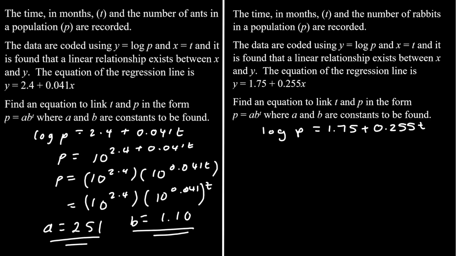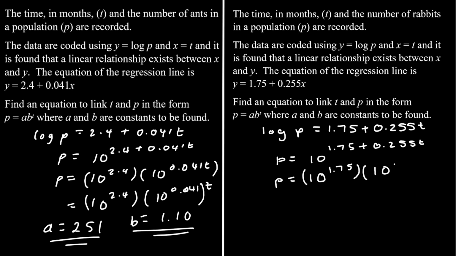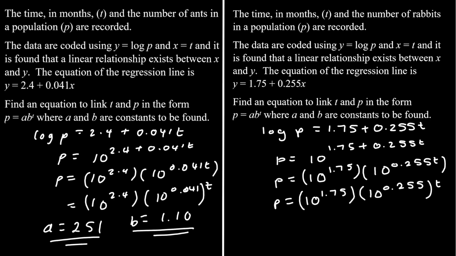Take it out of log form, so p equals 10 to the power of 1.75 plus 0.255t. We're going to change that to two powers of 10 multiplied together. So 10 to the power of 1.75 times 10 to the power of 0.255t. And that's the same as 10 to the power of 1.75 times 10 to the power of 0.255 to the power of t.